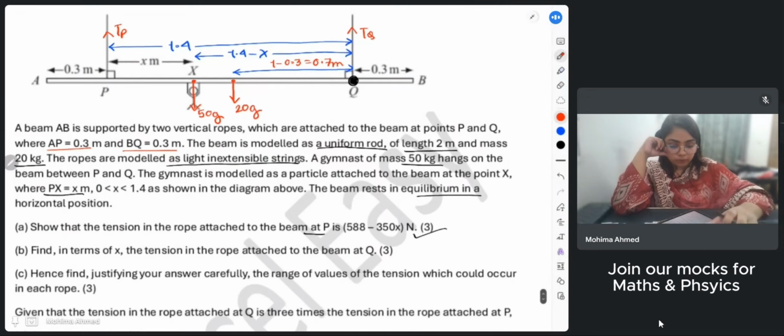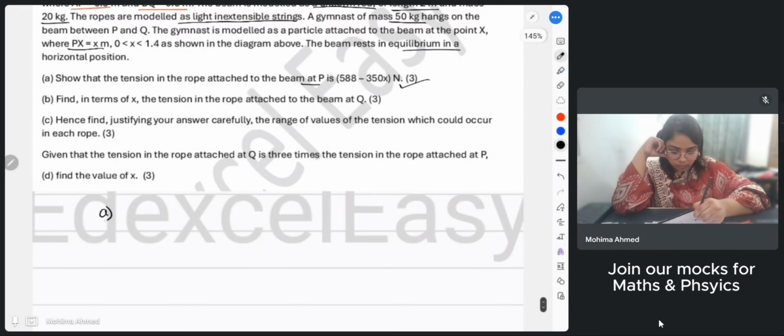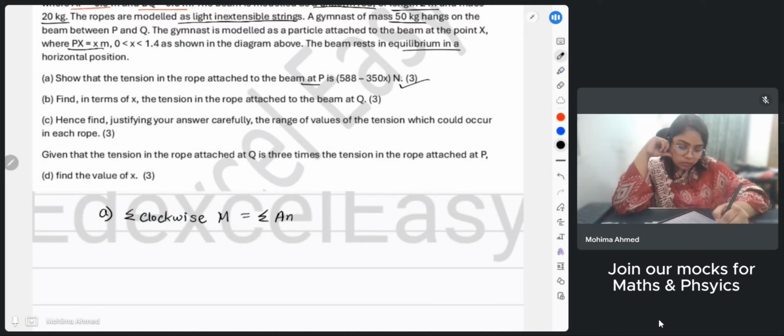We're going to start with part A: sum of clockwise moments equals the sum of anti-clockwise moments. For the sum of clockwise moments, that was only TP.